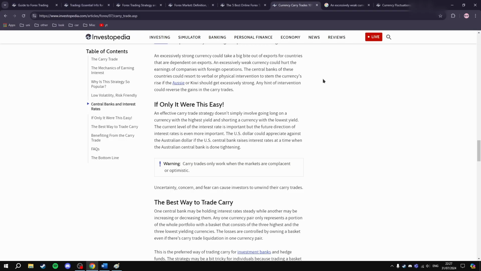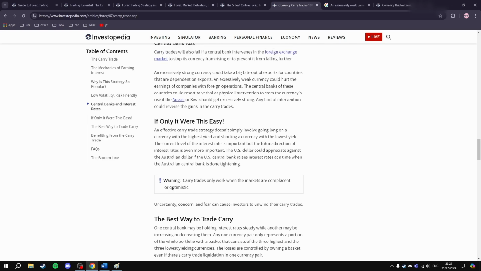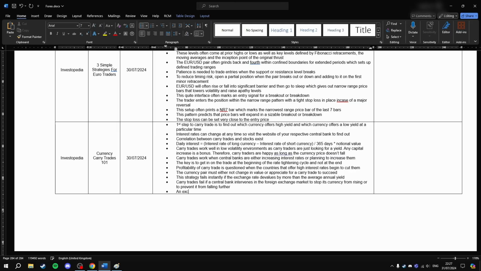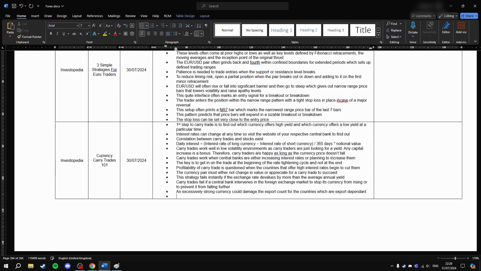The central banks of these countries could resort to verbal or physical intervention to stem the currency's rise if the Aussie or Kiwi should get excessively strong. Any hint of intervention could reverse the gains on the carry trades. An excessively strong currency could damage the export count for countries which are export dependent.